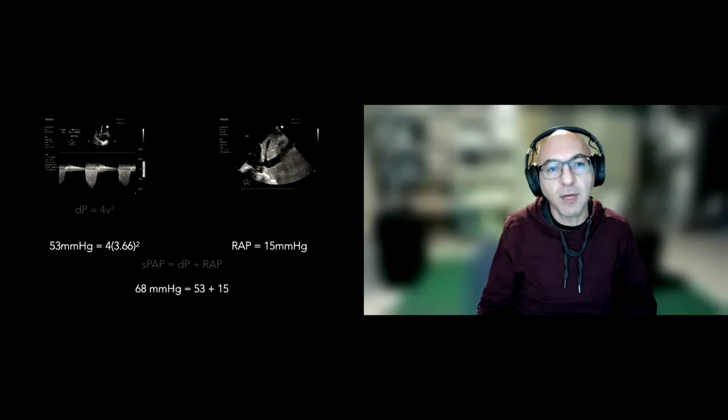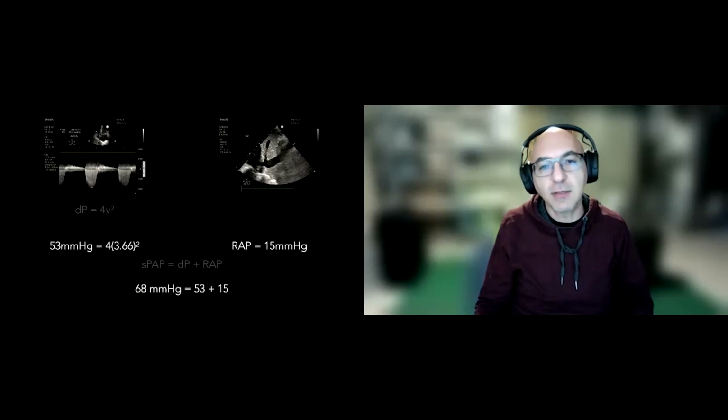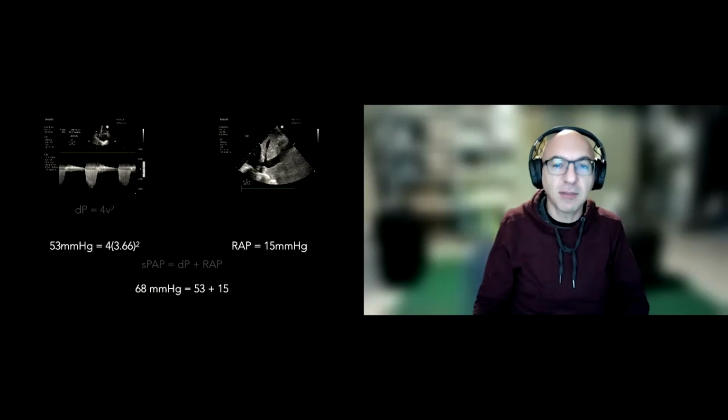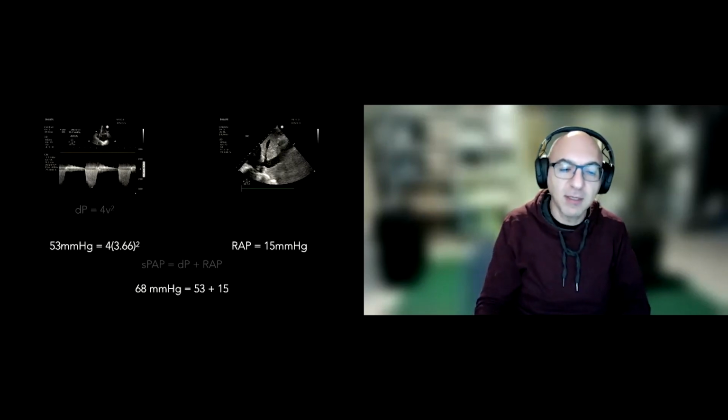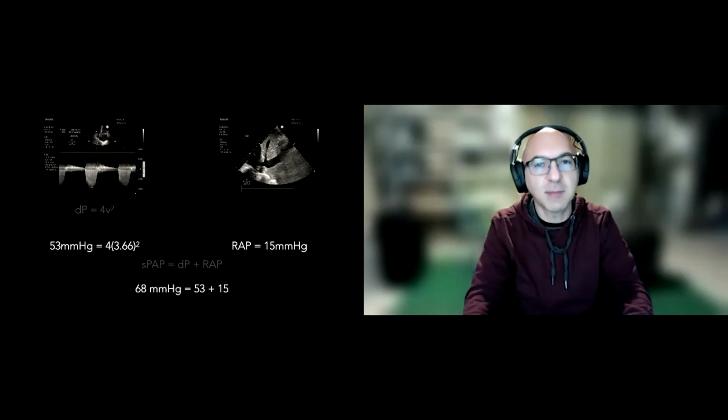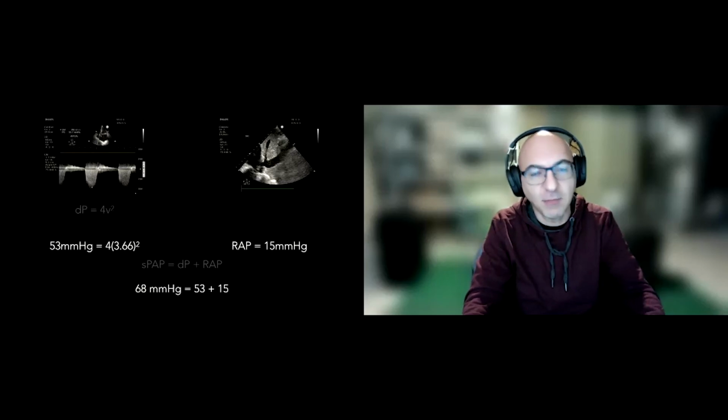So if you have a picture that's not so clear, you might end up overestimating or underestimating the jet. So those are the pitfalls for measurement on this side. But no one is going to measure the mitral valve regurgitant jet and convince themselves it's tricuspid, you think. I've seen it happen twice in the past 4 years, so it does happen even with expert hands.